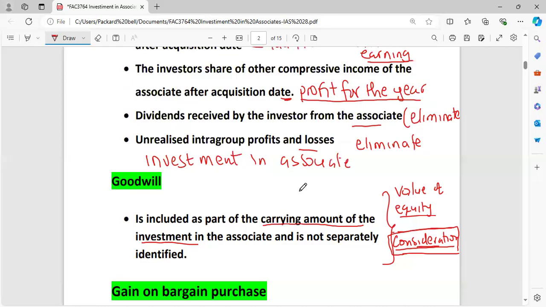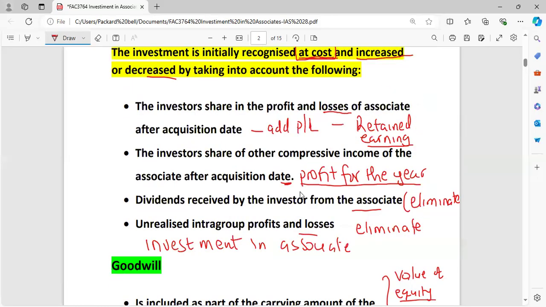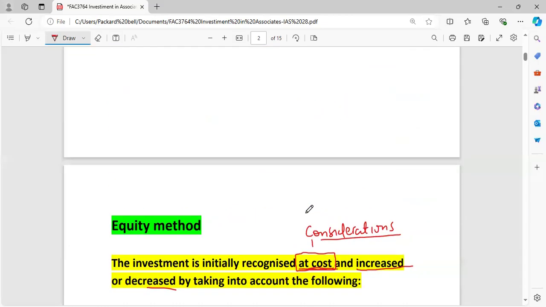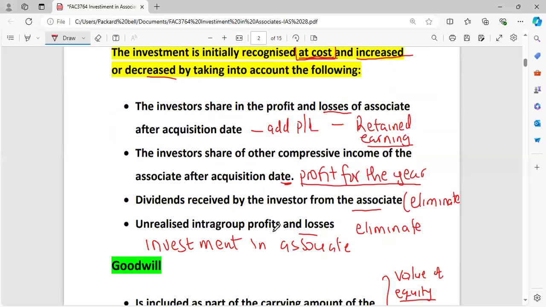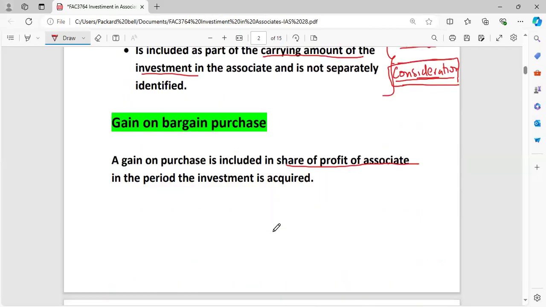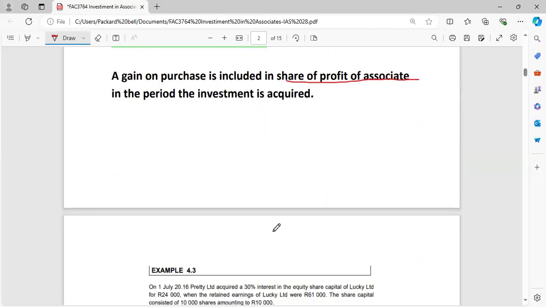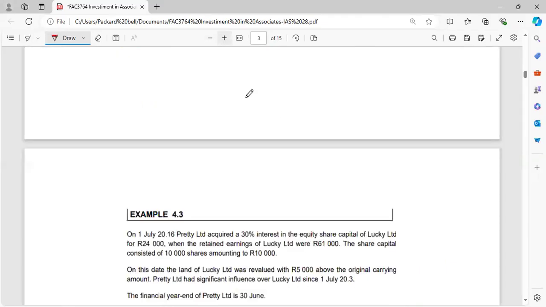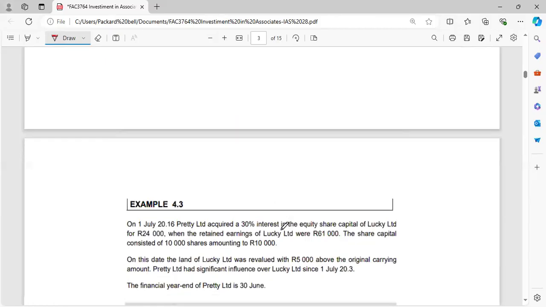It means it has to increase this investment in the associate. So you have to add it to increase the investment in the associate if there is any gain on bargain purchase.